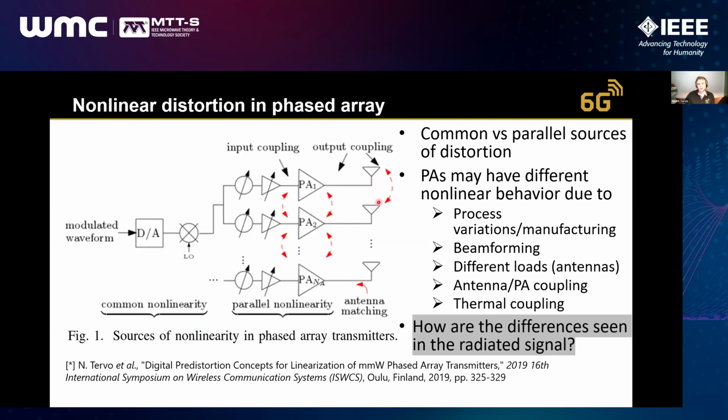So you have coupling, signal leaks from one PA output to another PA output. It modulates the impedance that the PA sees, and suddenly you see variations in the PA behavior over the paths in a different way. And then you may have other effects, PAs heat each other and things like this. So there are differences. Again, the word difference is the key. And now I'm interested in how these differences are seen in the radiated signal, so what kind of beam this distortion will actually make.